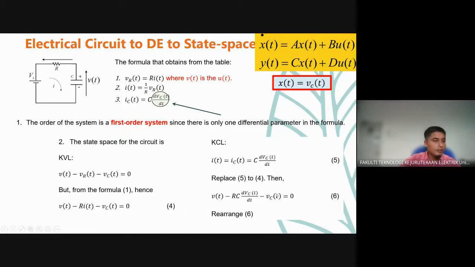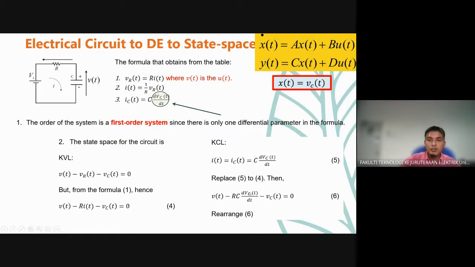Yes, that's correct. Already yes, because, okay, Edward, VCT is our state vector. So this term is already in VCT, this term is also already in VCT, and this is VT. VT we just let it be because this is the input.